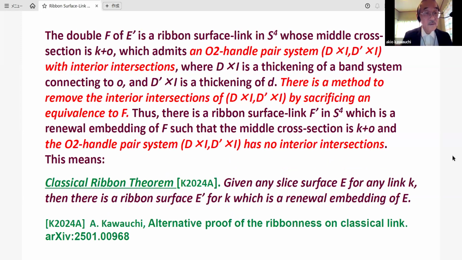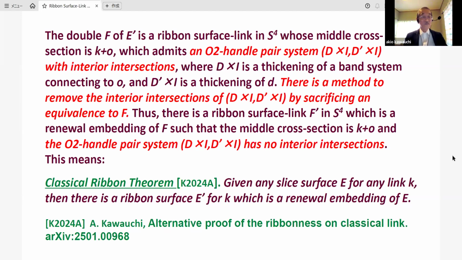The double F of E' is a ribbon surface link in S4 whose middle cross section is the split sum of K and O, which admits an O2 handle pair system D × I, D' × I with interior intersections, where D × I is a cycling of a band system connecting to O, and D' × I is a cycling of D.